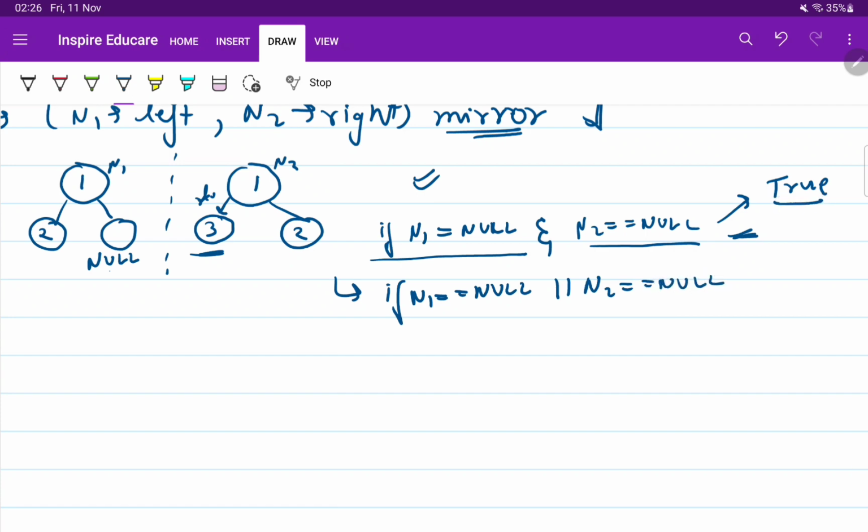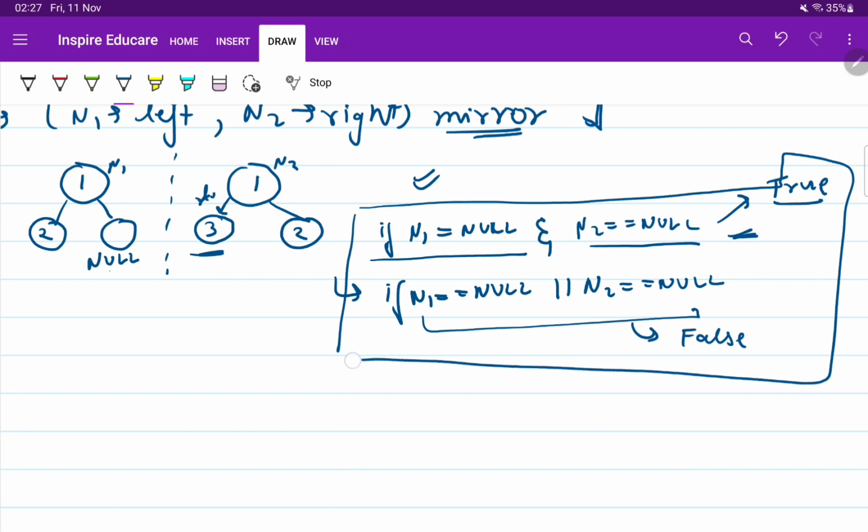So we have checked that both of them are not null, right? We know that both of them are not null. But after checking that, if one of them is null, that means it is false, right? For them to be mirrored, both of them should have been null. So we can return false here. So this will be the base case of our mirror function.